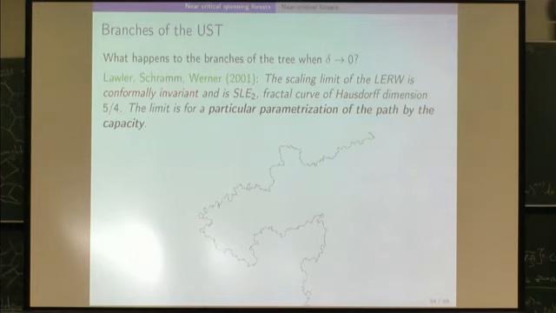And so they proved that this scaling limit exists, but only for a particular parameterization of the path by the capacity, namely by the size of the compact sets that you create. So it's not the parameterization by the length of the walk, but only by its capacity.